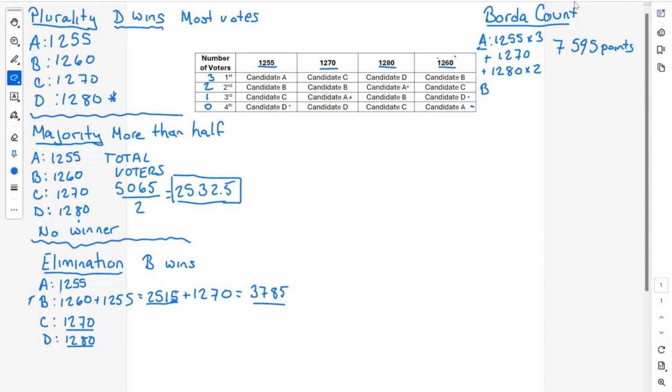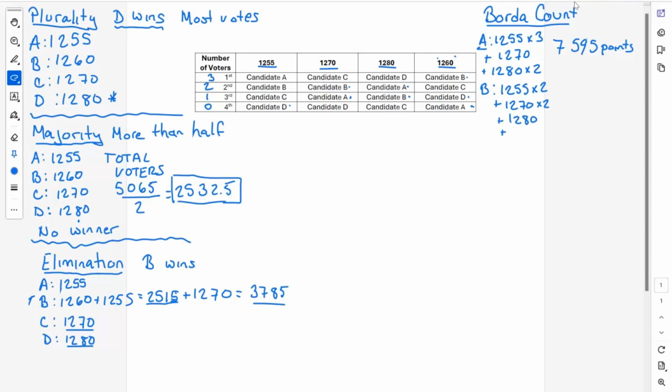Candidate B would have 1,255 times 2, because these 1,255 people put them second. Plus 1,270 also times 2, plus 1,280, and these 1,280 people put B third. So candidate B just gets 1 point for each of those.